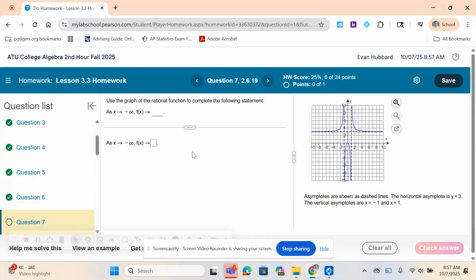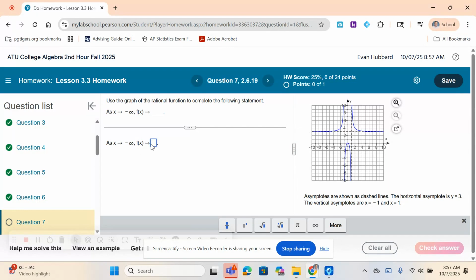All right. So as x approaches negative infinity, where is y going towards? Well, y is going towards this horizontal asymptote, which is at 3 on mine. So it's going towards 3. As I go forever to the left, it's approaching 3.